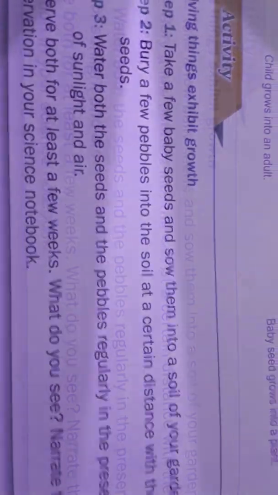Take a few seeds and sow them in the soil of your garden. Step 2. Bury a few pebbles into the soil at a certain distance from the seeds. Step 3. Water both the seeds and the pebbles regularly in the presence of sunlight and air.